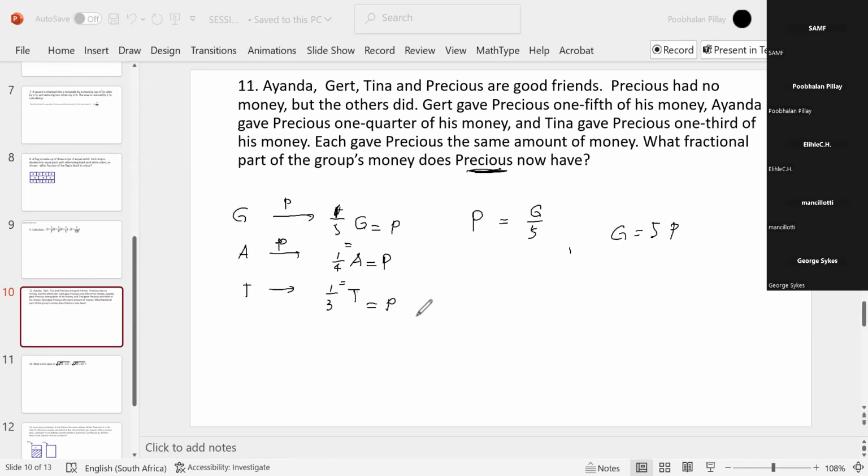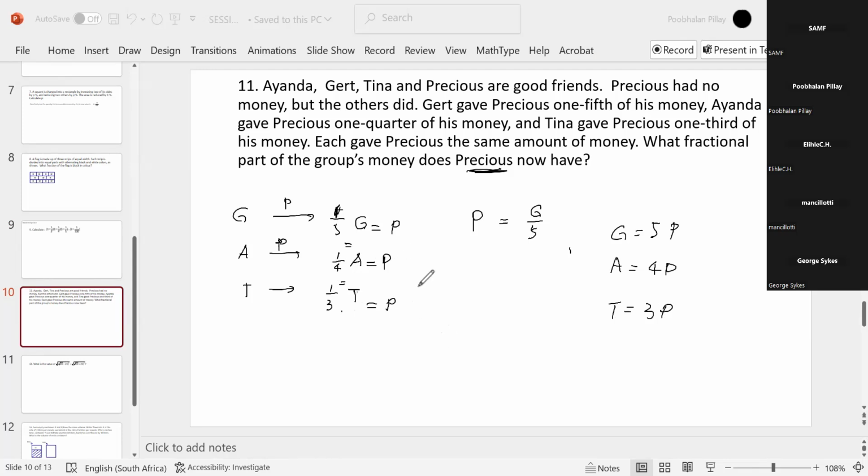All of them are equal to the same thing. So 1/4 of A is P. So for the same reason, A will be 4P. So A would have had 4 times what Precious had. And Tina would have had 3P, because they all gave Precious the same amount of money. So these are the same.